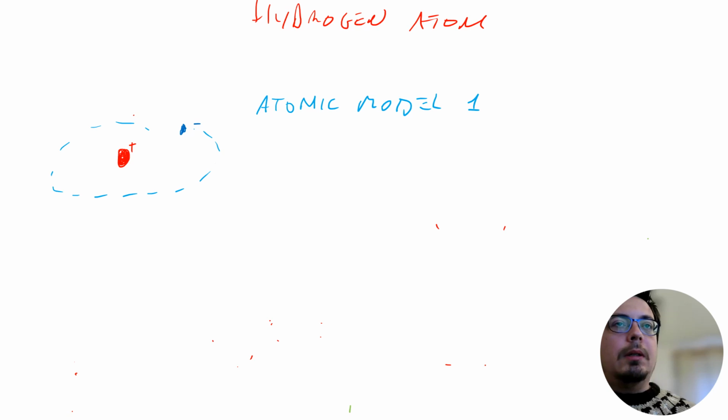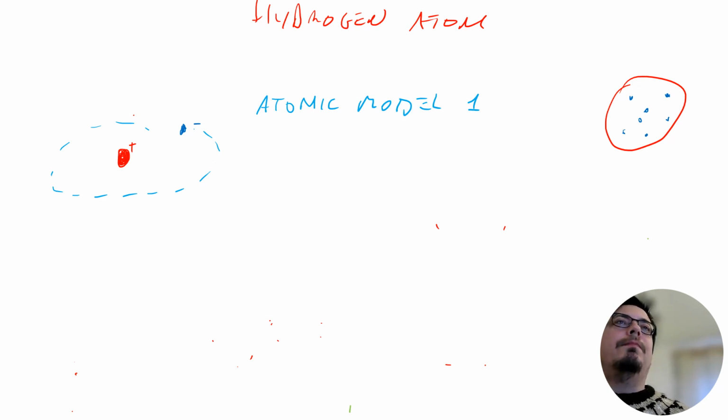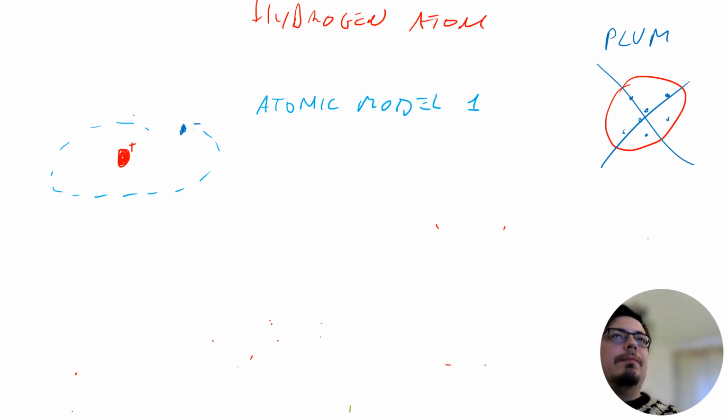Before, there was a different model where the electrons were inside the nucleus, like raisins in a panettone. But Rutherford, I think, made experiments to show that that is not the case. So this was called the plum pudding model, I think. I will put some references, but that model is gone. Then there was this atomic model, the planetary one.